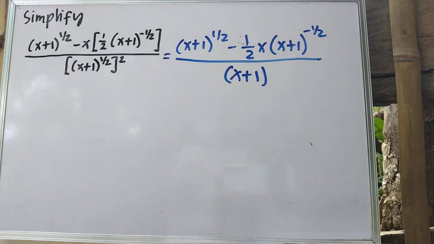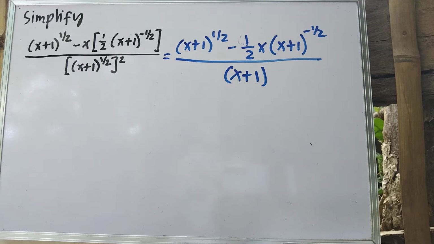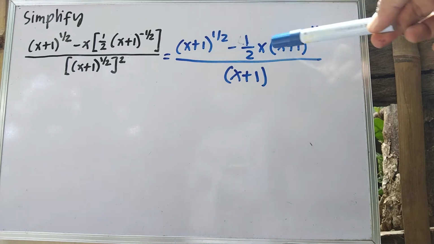Okay. Now as you observe, we have now two terms, no? So what we are going to do is to look for their common factor, which is what? What should we remove if we factor this numerator? Their common factor is x plus 1, correct?